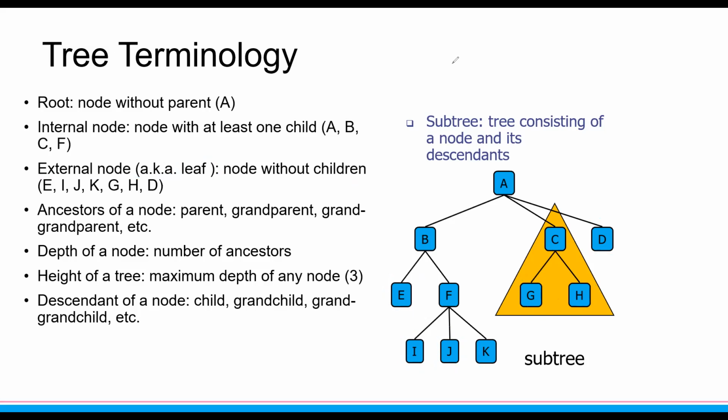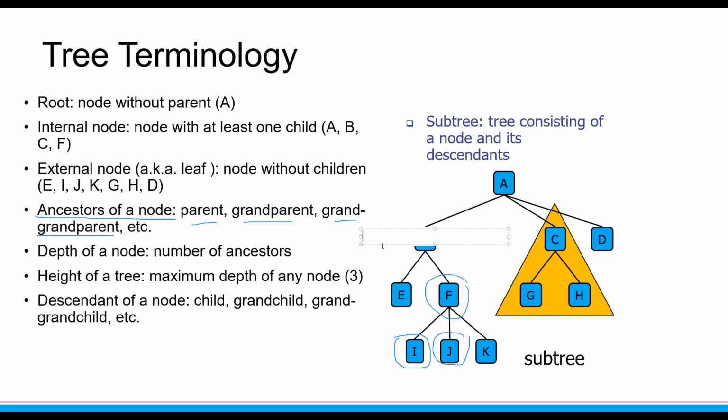And then we need to understand the ancestors. The ancestors means the nodes above a node, for example parent or grandparent. Let's see, I have I. What is the parent of I? The parent of I is F. I have the node J. What is the grandparent of J?